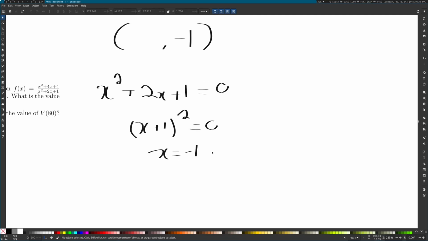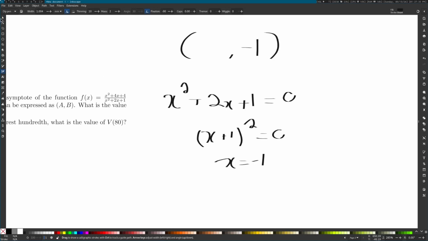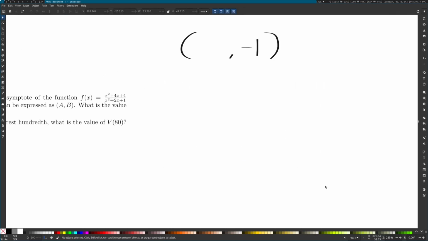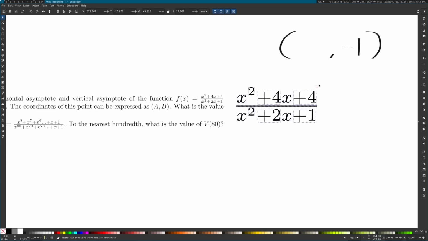Okay, so now that the vertical asymptote is y, we have to find x. Okay, and the definition of horizontal asymptote is the value we get when we keep adding and adding until we approach infinity.